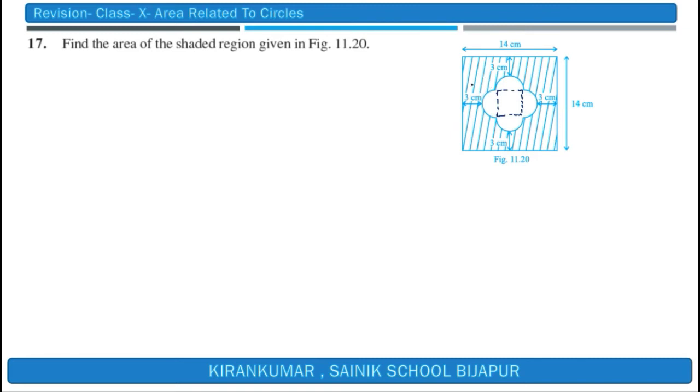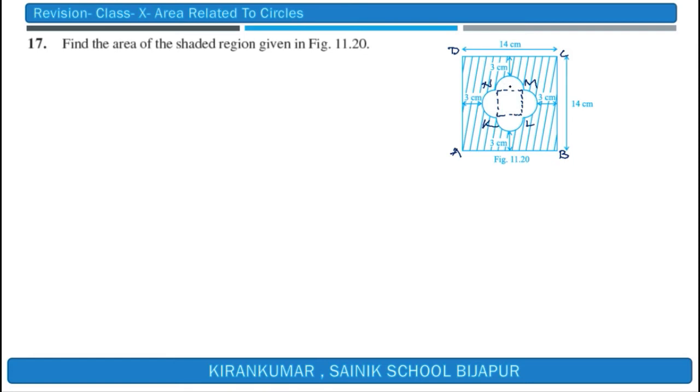Suppose I name them KLMN and the outer one I'll name it as ABCD. Since ABCD is a square, the area will be equal to side square. That will be 196 centimeter square.